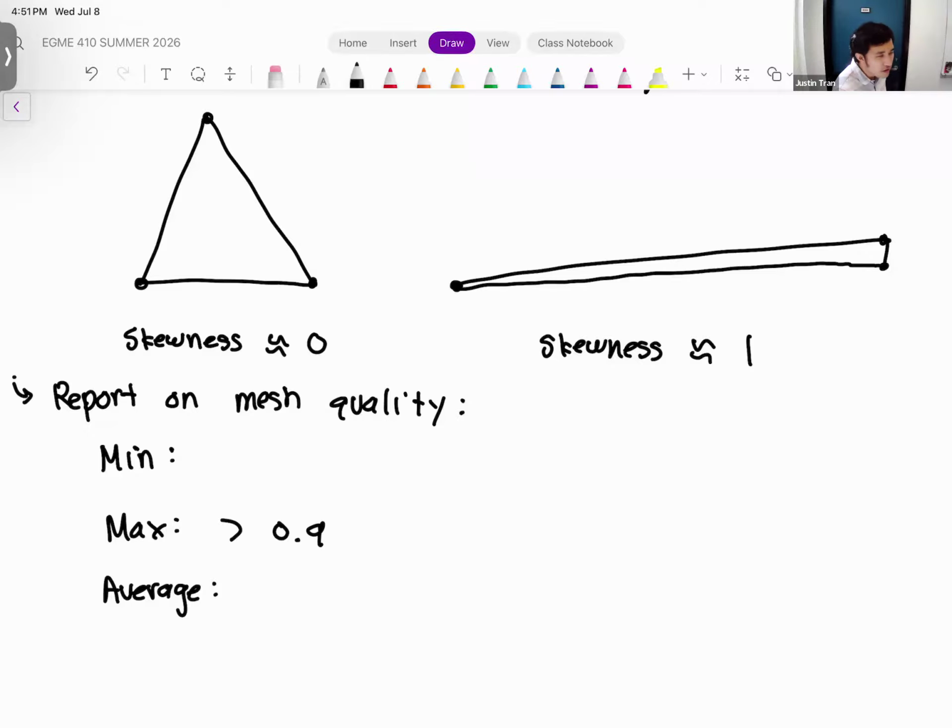By the same token, the minimum also isn't that helpful, because the minimum is probably going to be around 0, maybe like 0.1 or something like that. But again, don't take the max and min to heart. Because even though, in general, a poor quality element can lead to poor solution quality, if there's only a few elements, their impact is usually pretty negligible.